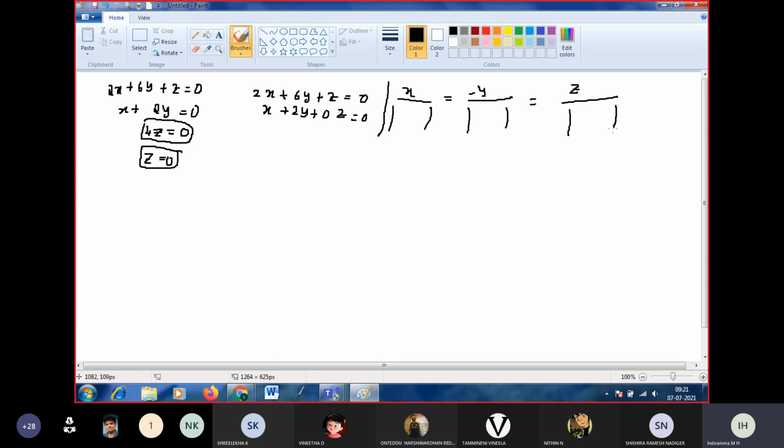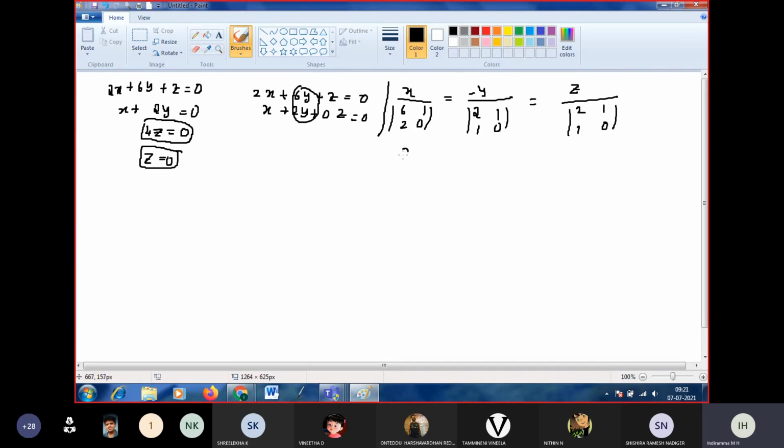Next, x by the determinant: 6, 1, 2, 0. Minus y by the determinant means don't consider the y coefficients: 2, 1, 1, 0. Next, z by the determinant, don't consider the z coefficients: 2, 6, 1, 2.